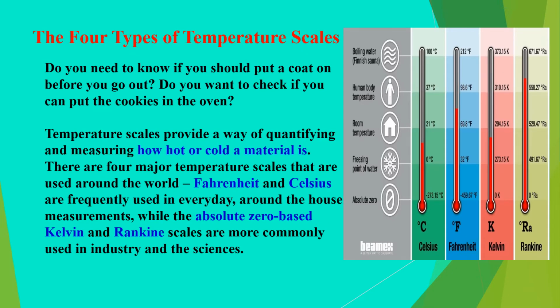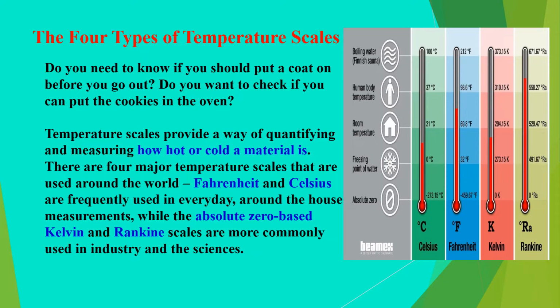The four types of temperature scales. Do you need to know if you should put a coat on before you go out? Do you want to check if you can put the cookies in the oven? Temperature scales provide a way of quantifying and measuring how hot or cold a material is.